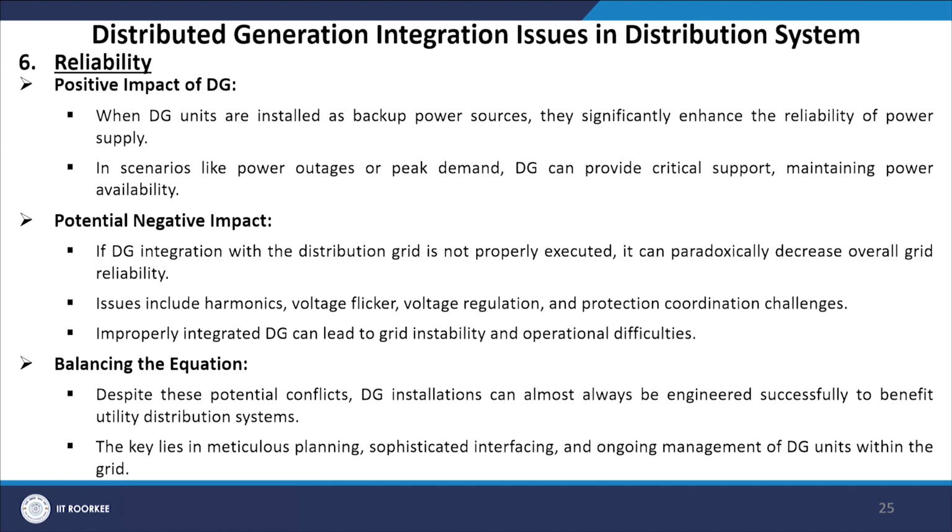Now, balancing the equation, despite this potential conflict of having a DG or not having a DG, DG installation can almost always be engineered successfully to benefit utility distribution systems. The key lies in meticulous planning, sophisticated interfacing, and ongoing management of DG units within the grid.